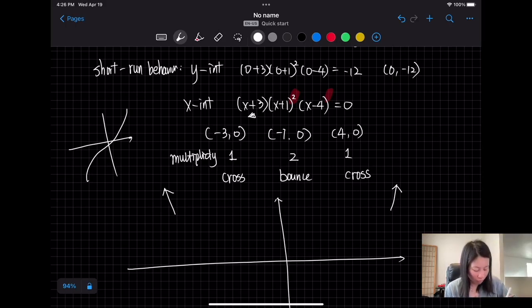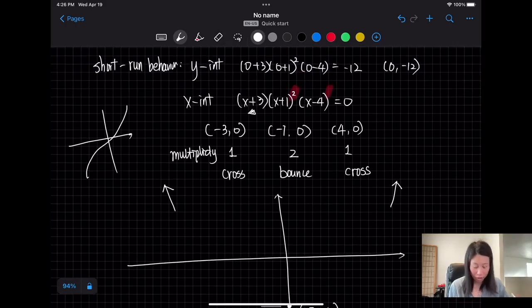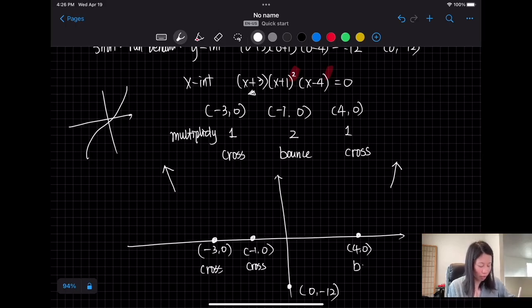Then you have a y-intercept at negative 12, and 3 x-intercepts at negative 3, negative 1, and 4. For the x-intercepts, you will have a cross at the first 2, and then a bounce at the last one.